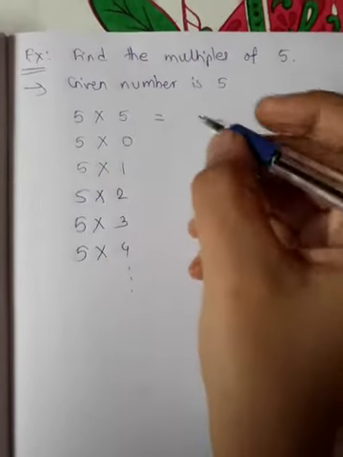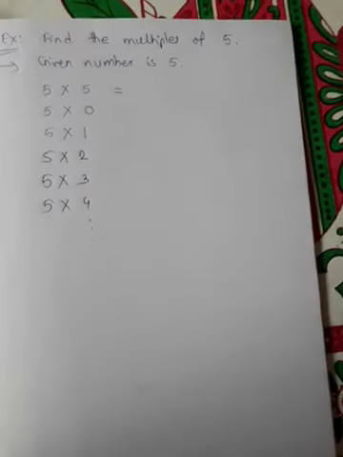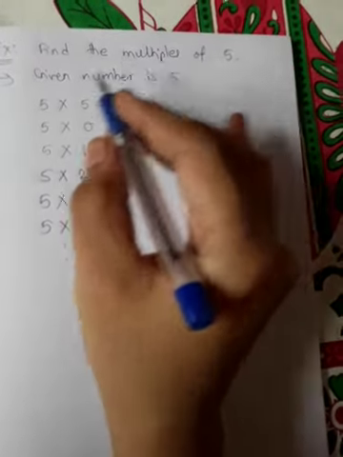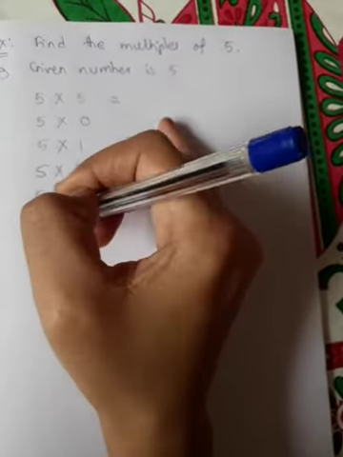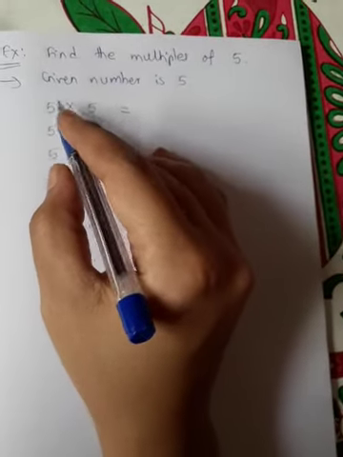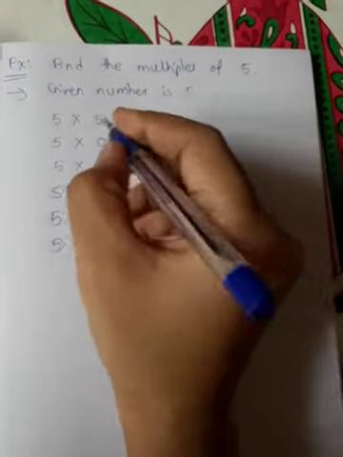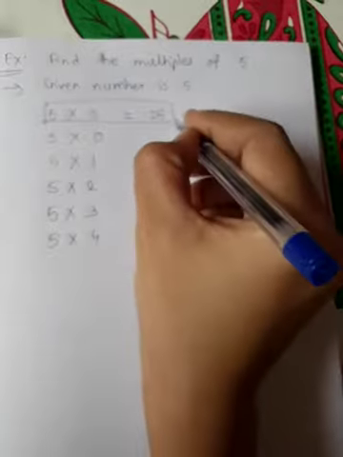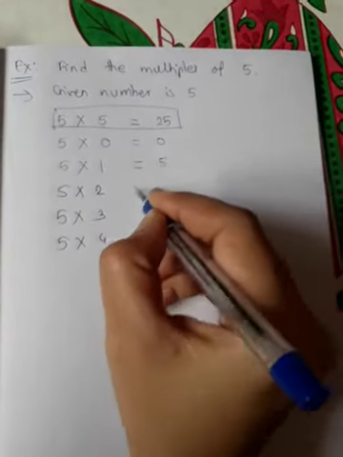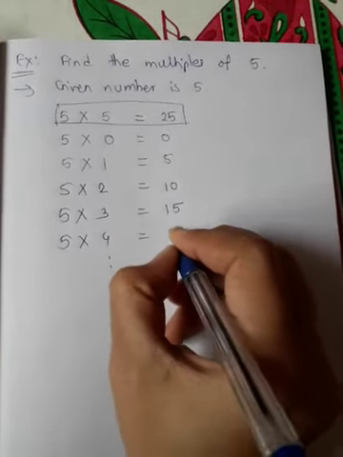Okay, so what is the definition of multiple? To find the multiple of any number, we have to multiply that number by itself or any other number. Okay, so here I have multiplied 5 by itself, so we get 25. Also here I have multiplied 5 by 0, so 5 into 0 gives 0, 5 into 1 gives 5, 5 into 2 is 10, 5 into 3 is 15, 5 into 4 is 20.